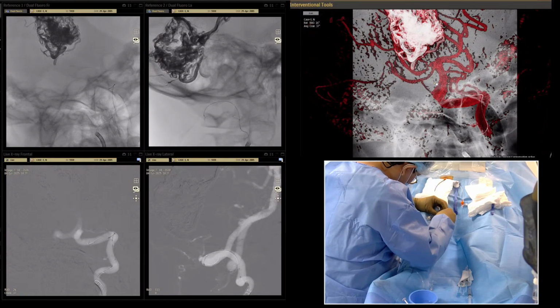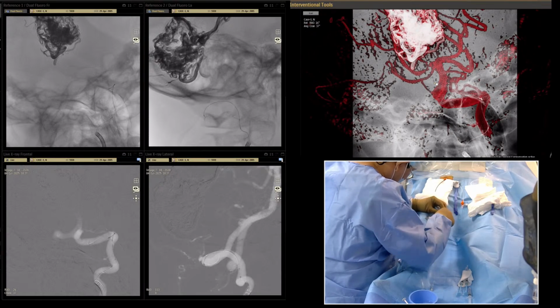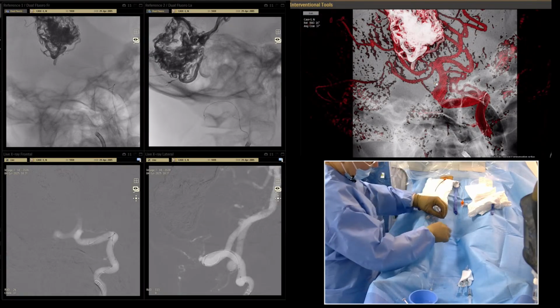Maybe we'll take a Traxxas. Traxxas is more stable, and for the dual navigation it's better.